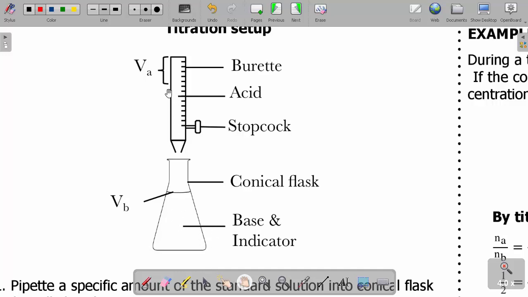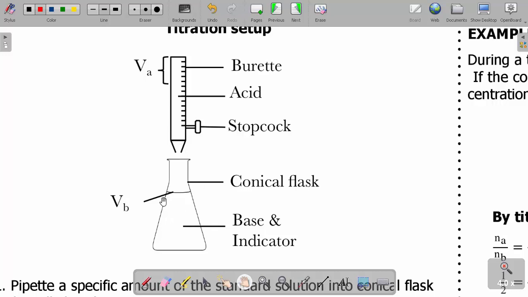We open the stop cork, and as the acid flows into the conical flask, we swirl it, we shake it and swirl it. Remember there is a base inside here, so as you continue adding the acid, you're going to reach what we call the equivalency point, and that process is called what?